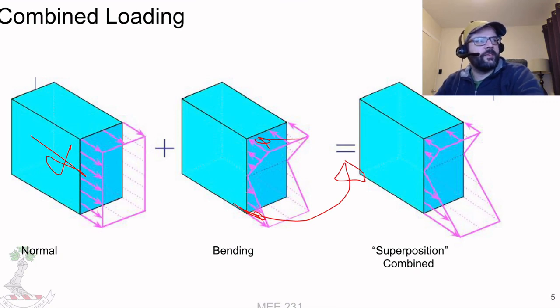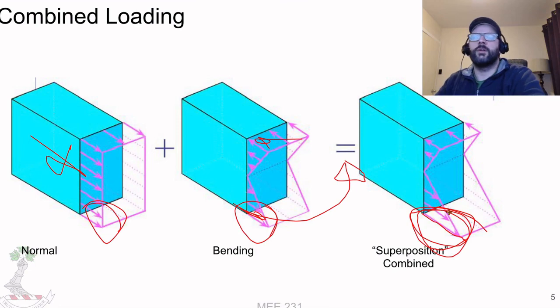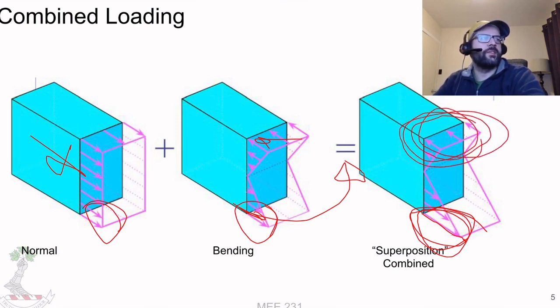So what happens here is at the bottom, this tensile force and the bending moment cause a larger tensile force, whereas at the top here, the compression and the tensile cancel out somewhat, so it's less there. It also shifts the point of zero stress up from the neutral axis of the bending moment to another point, based upon kind of the ratio of the normal forces and the bending forces.